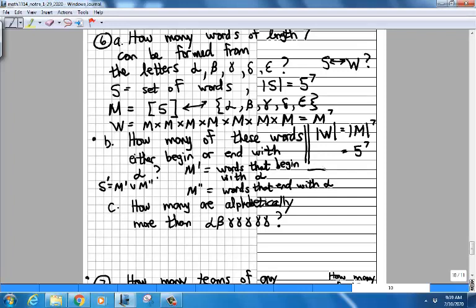So what is a set there that is a model for M prime? How many letters can you use to form the rest of the word? Alpha's already been fixed, right? Because these words begin with alpha. So how many letters do you have left to choose from there? 4, right?